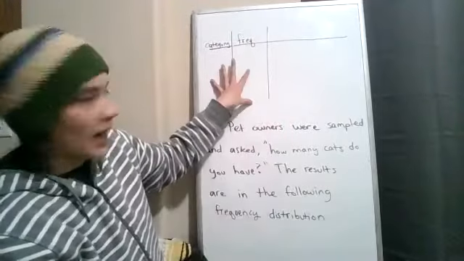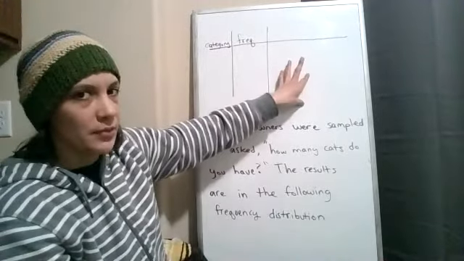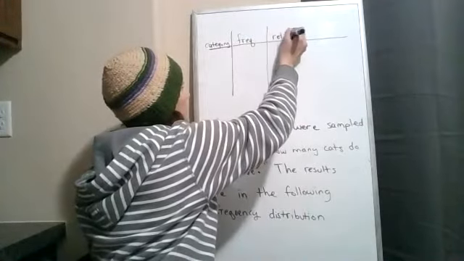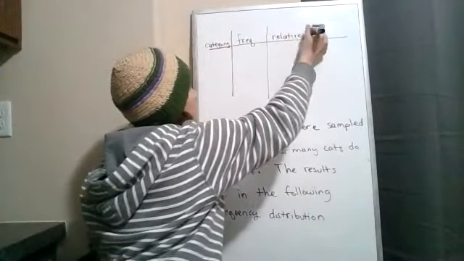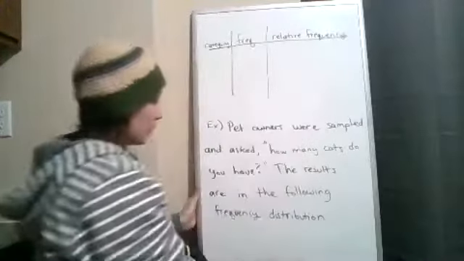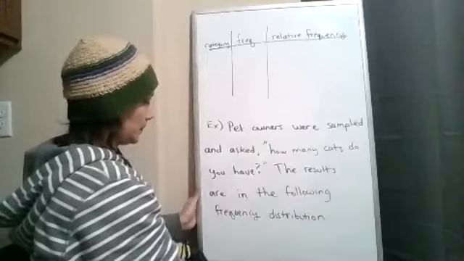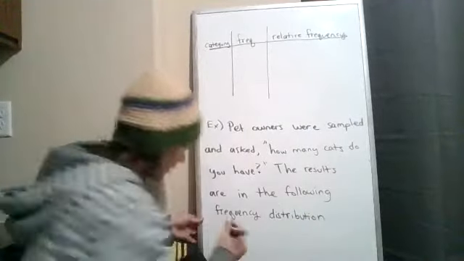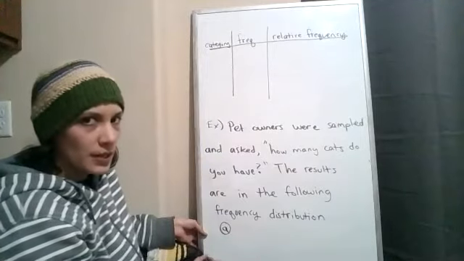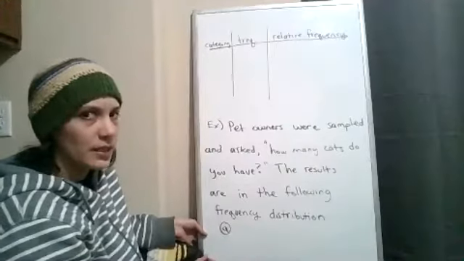So this is the table you have, and then we're going to add this extra place for relative frequency, because I'm going to ask you to construct a relative frequency or complete the relative frequency distribution.